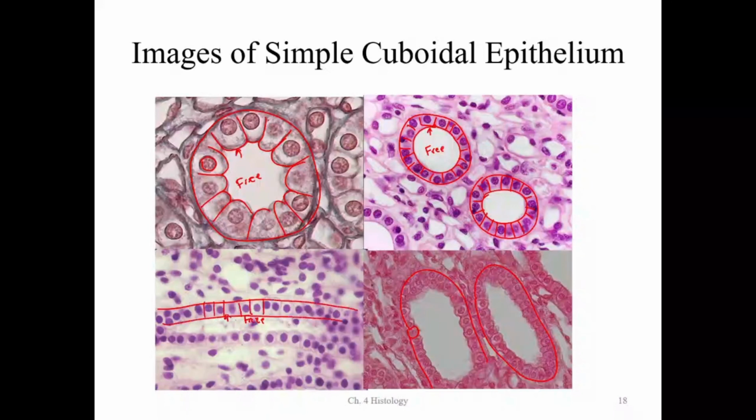And these are the boxy-shaped cells, and you can see the shapes of the cells there. One layer of boxy-shaped cells. So these are all simple cuboidal. They're all just organized in a different way.